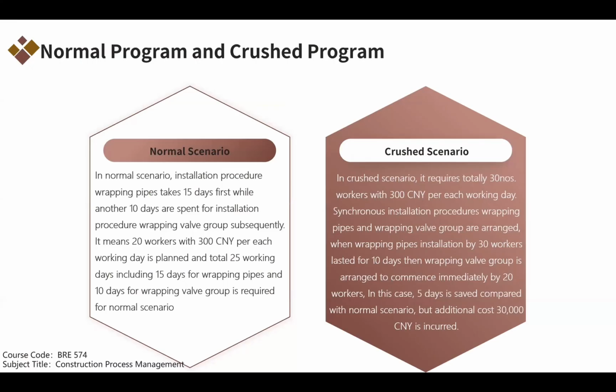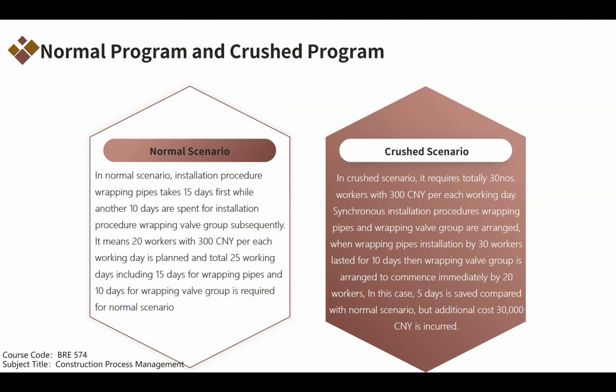Okay, my name is Chen Yunkwan, and let me further introduce the detailed scenarios, including the normal program and crash program, respectively. First of all, the normal scenario. In the normal scenario, the installation procedure of wrapping pipes takes 15 days first, while another 10 days are spent on the installation procedure of wrapping the valve group subsequently.